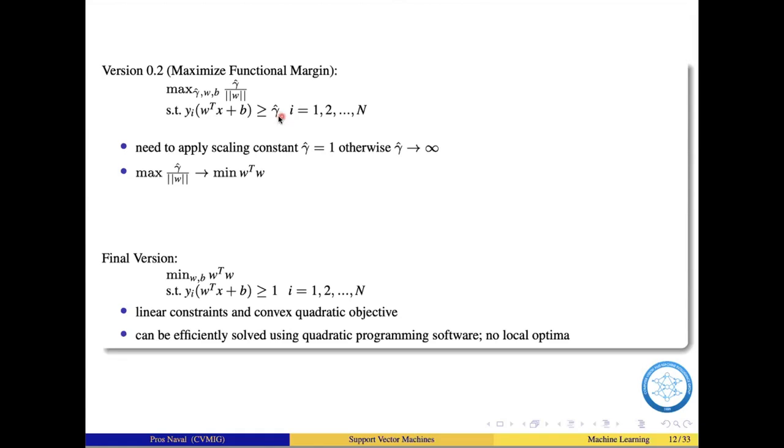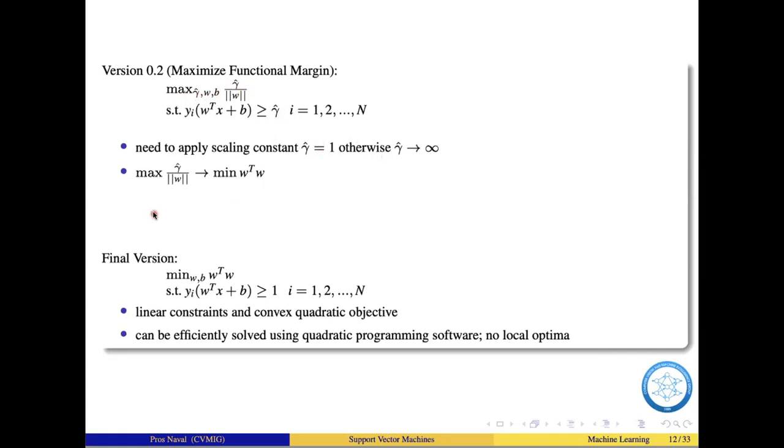Remember, this is the minimum of the functional margins for all the points, right? Now again here we need to apply a scaling constant, gamma hat equals 1, otherwise it will blow up. It will keep on increasing to infinity and you don't solve the problem, because this is a maximization.